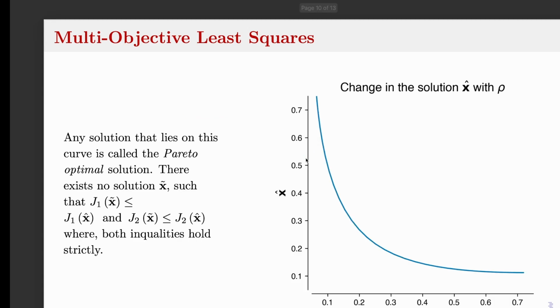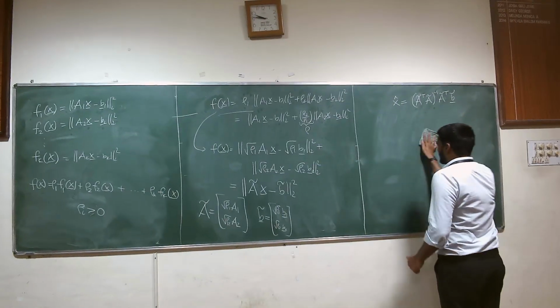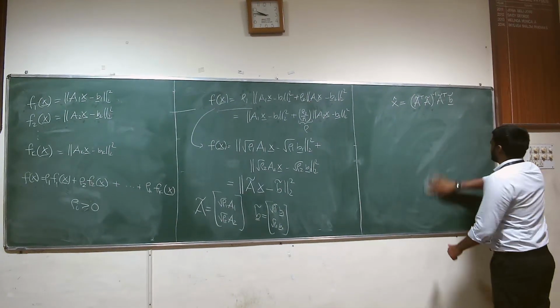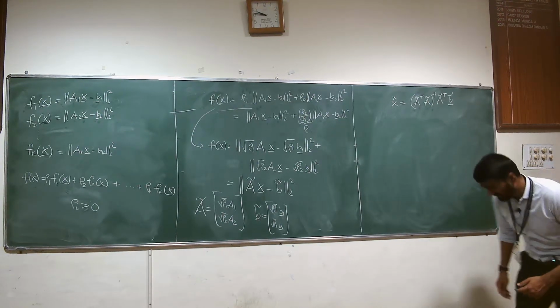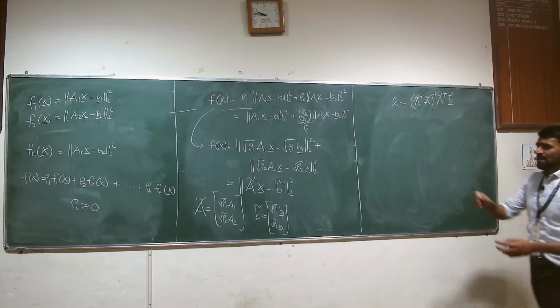Another way to look at it is a plot like this. See, you won't be able to do something like this for dimensions more than 2. I mean, 3 you can still do it, but it won't be as easy to visualize, right? But this plot at least gives you some idea about how to deal with multi-objective problems.